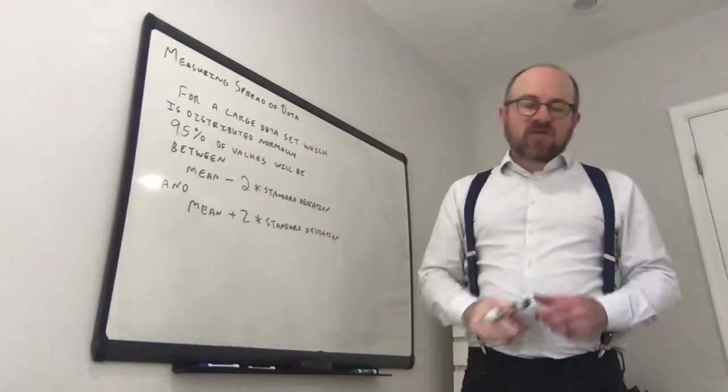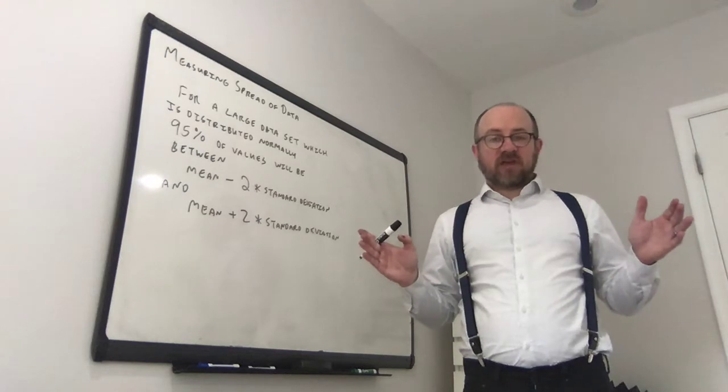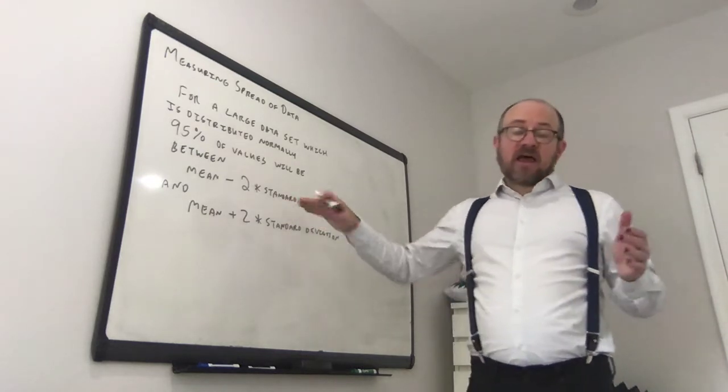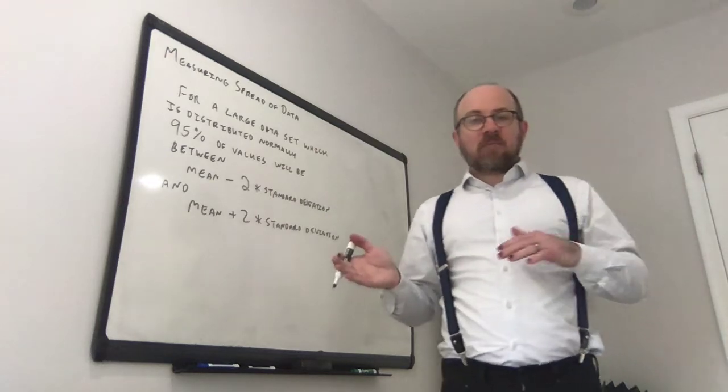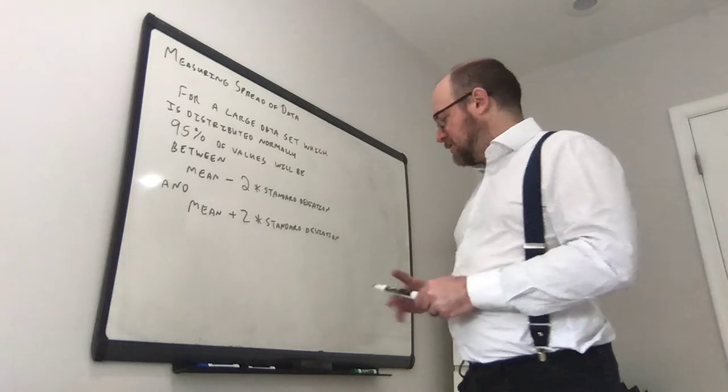Okay? And so we use standard deviation to kind of talk about how far from the center things are. So the reason we do that is because 95% of the values are going to be between 2 standard deviations less and 2 standard deviations more.